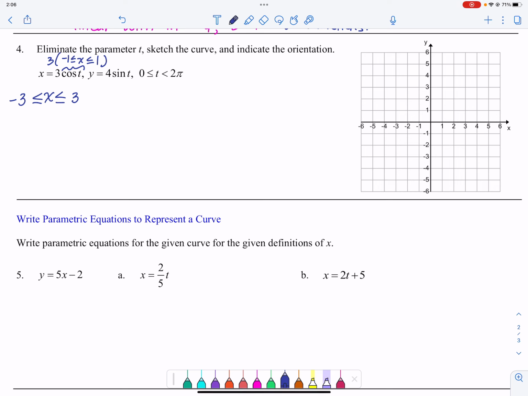That is the same here for the sine, the 4 sine of t. y will be between -4 and 4. The sine is restricted between -1 and 1.